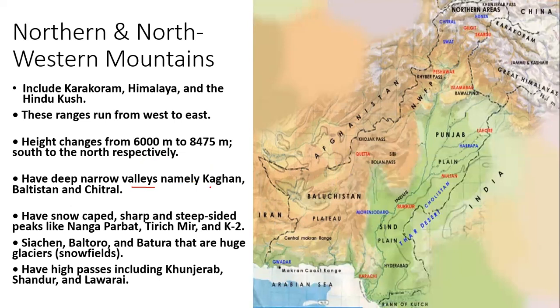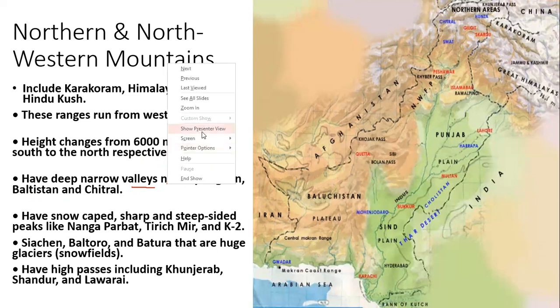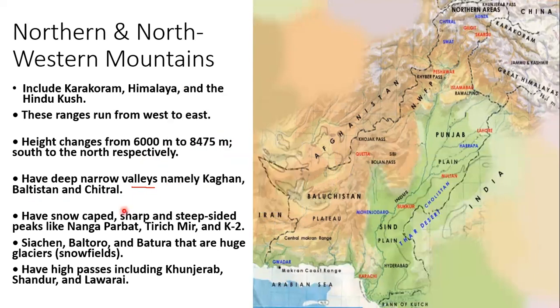The main valleys are Kagan, Baltistan, and Chitral. Deep valleys means that because the mountains are high, the space between the two mountain regions is quite short. Therefore, there are deep and narrow valleys. Clear? Kagan, Baltistan, and Chitral.